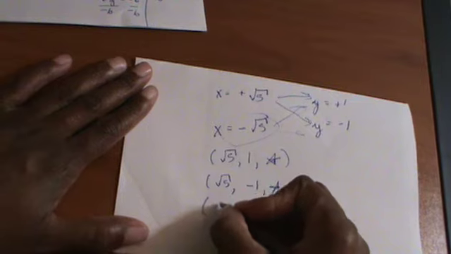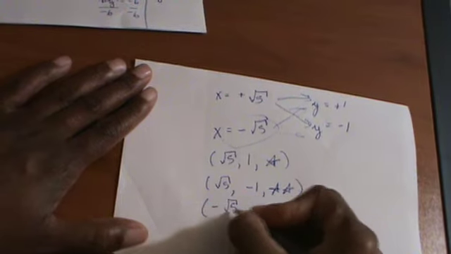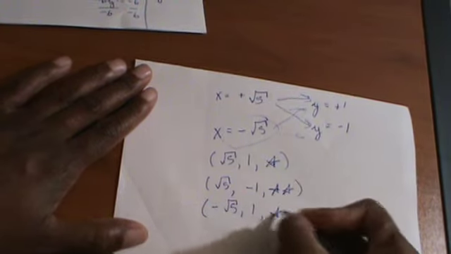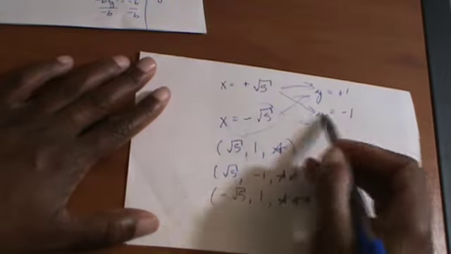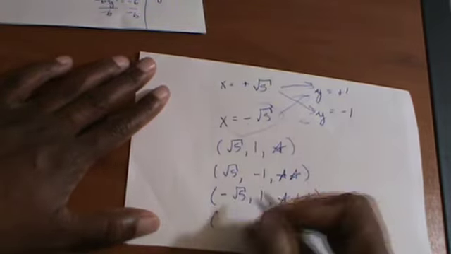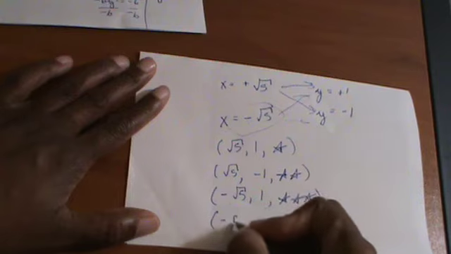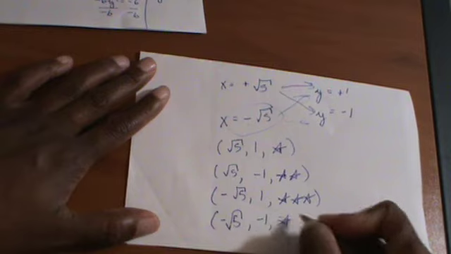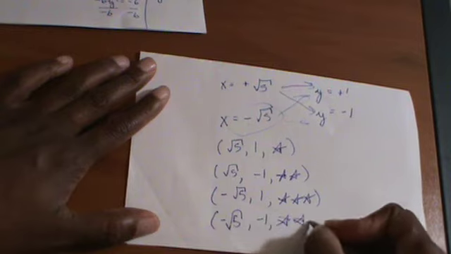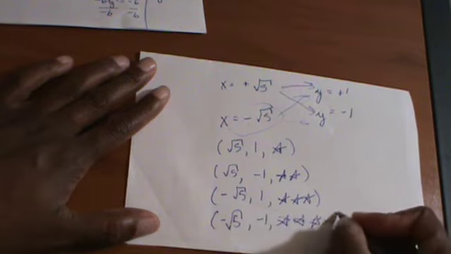So then my third point will be negative the square root of 5, 1, something. I'm going to allow you guys to go back and finish this off for the z term. So negative square root of 5, negative 1, something.